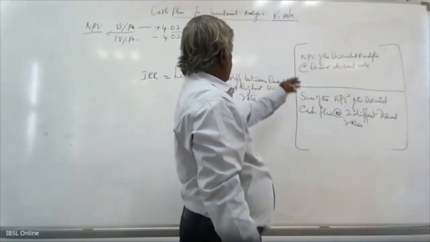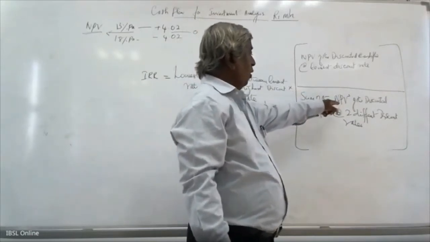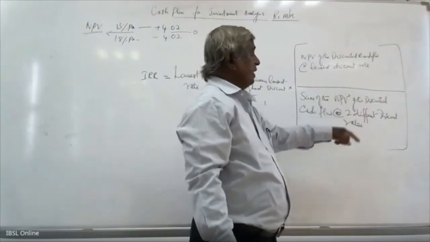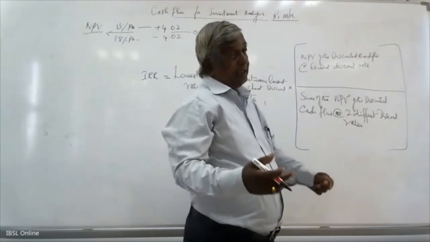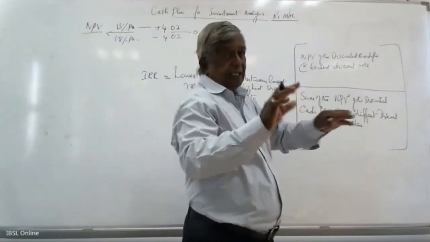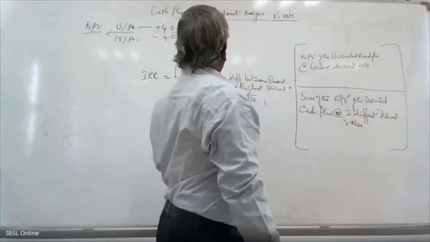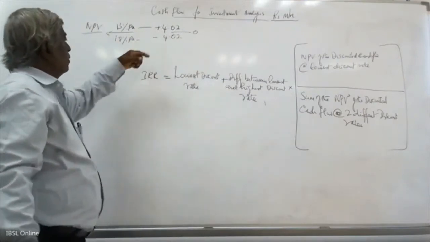Now, other things we will explain. Sum of the NPVs of the discounted cash flows at two different discount rates. So now we are doing the NPVs at two different discount rates. So sum is total. In this one it is 13%, 4.02.